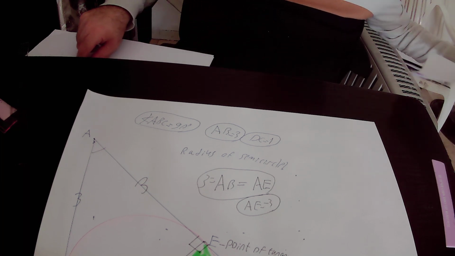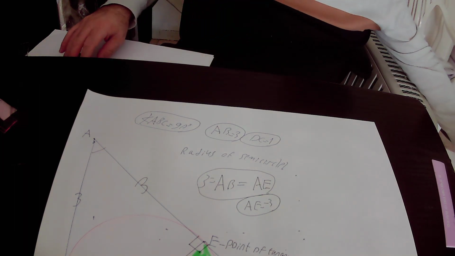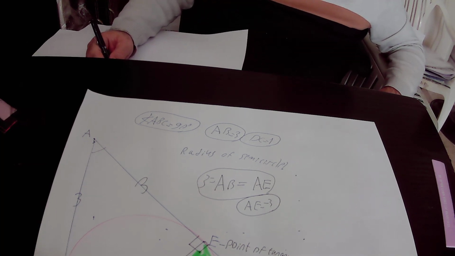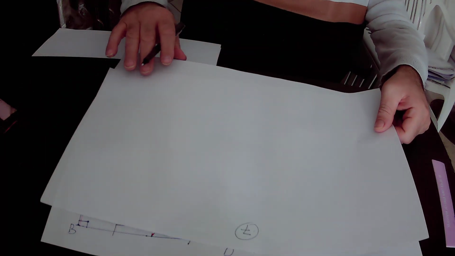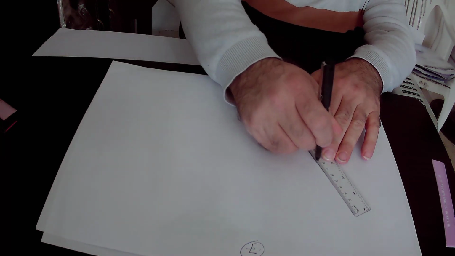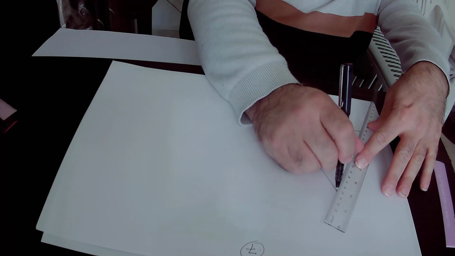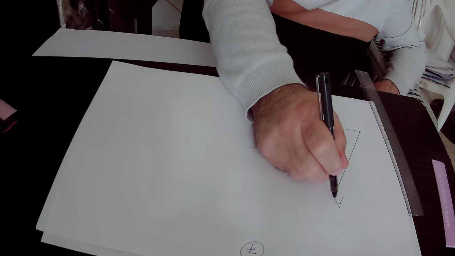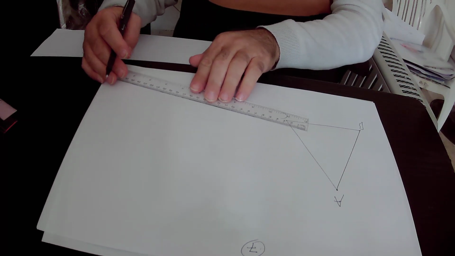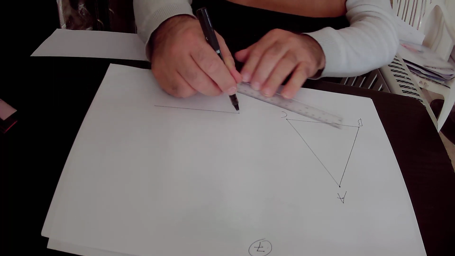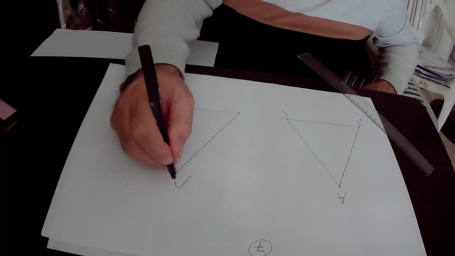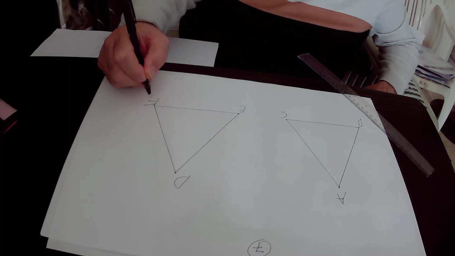So what is the meaning of the third angle theorem? If you have two triangles, this is triangle ABC, and we also have another triangle, triangle DEF.